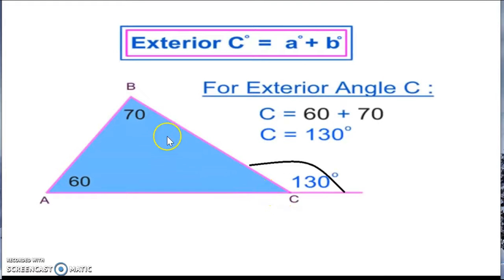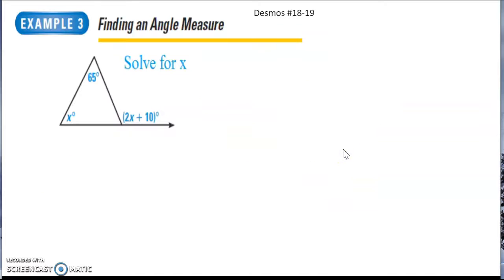Alright, so how do we use that? Well, if you know that the interior angles are 70 and 60 here, then we know that the exterior angle is 130 here. So we can use that relationship to figure out the unknown.